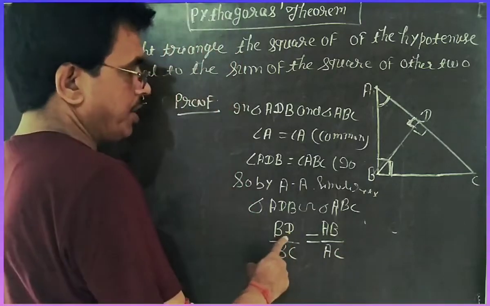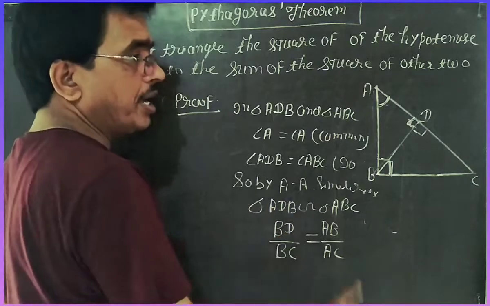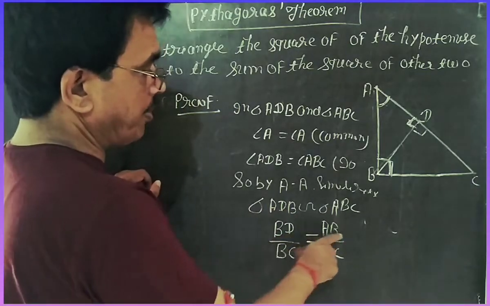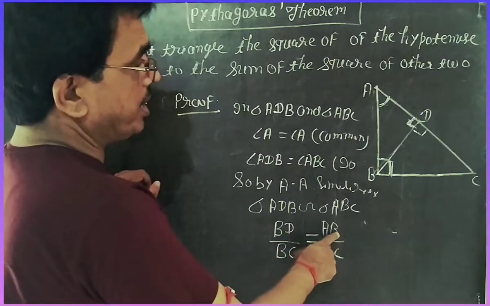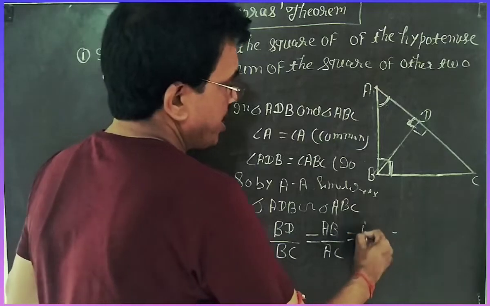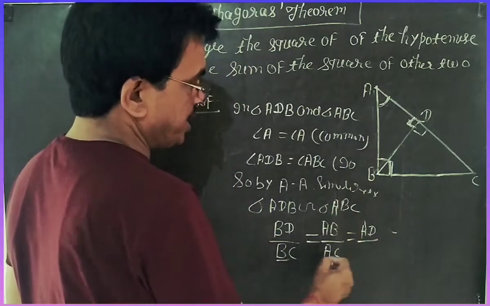Dear student, you write two sides of the triangle with the help of the angle. Then a triangle has only three sides. So you write the third side from the help of this. So BD, AB, in a small triangle you write BD, AB. So what remains? That remains AD. And in large triangle you write BC, AC.